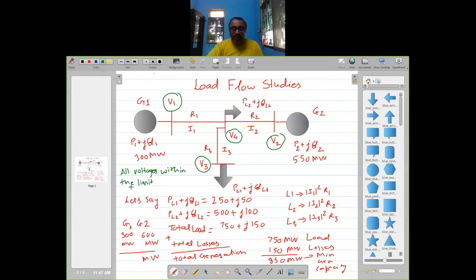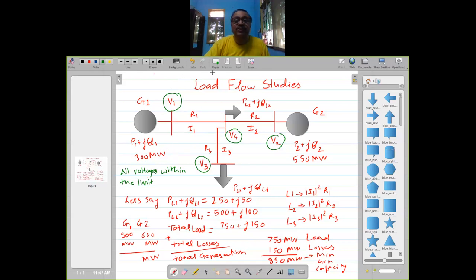You can deviate plus minus 5%. So I will have to ensure that after I decide that I will have 300 megawatt here and 550 megawatt here, and this is the load, then I must know what are the voltages. That is one thing. So all the voltages must be within the limits.